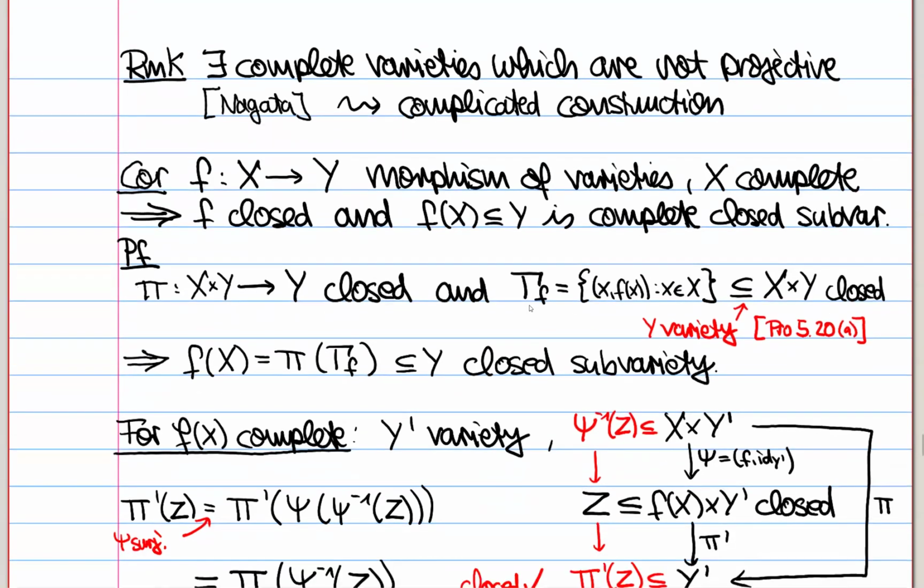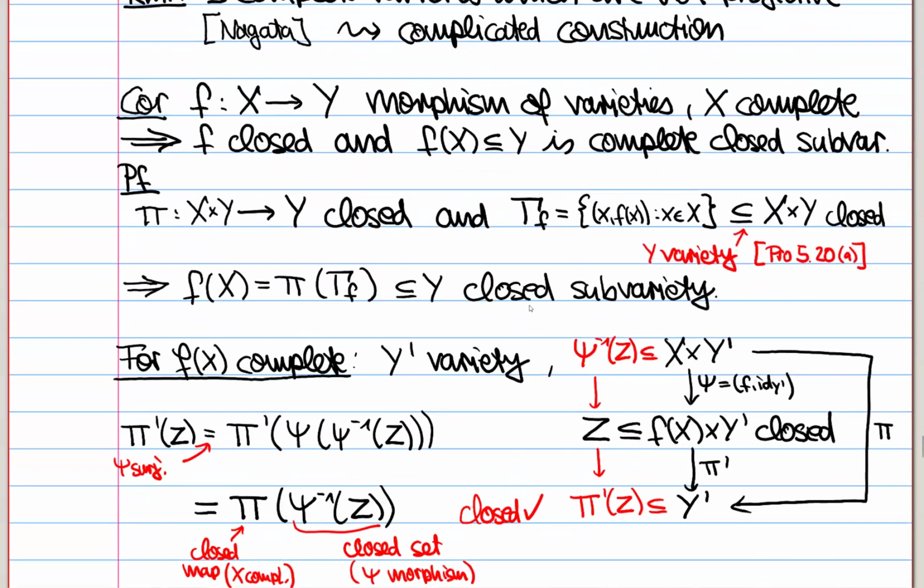Okay. And so that proof, compared to this elimination theory in the last video, is actually not super hard. So first of all, let's show that the image of f is closed inside Y.